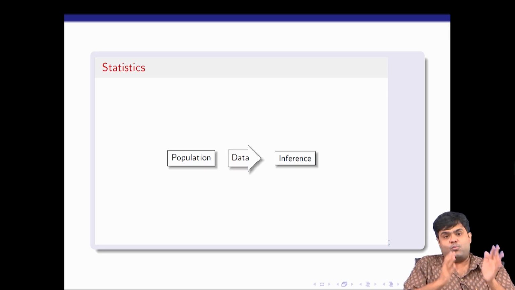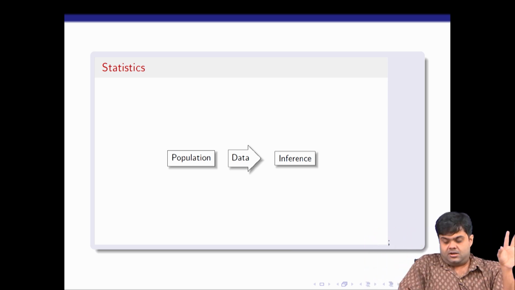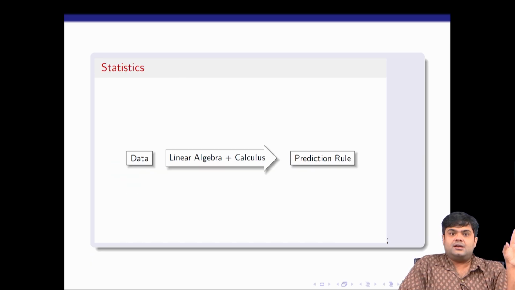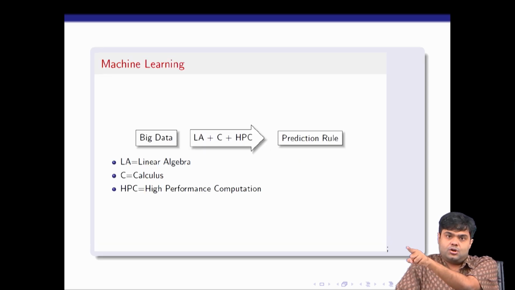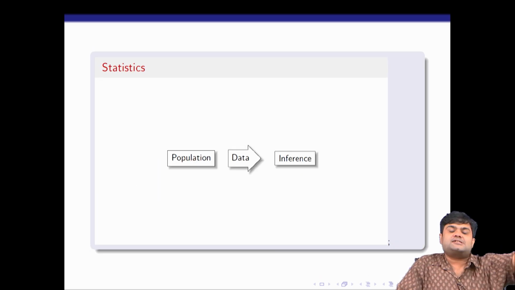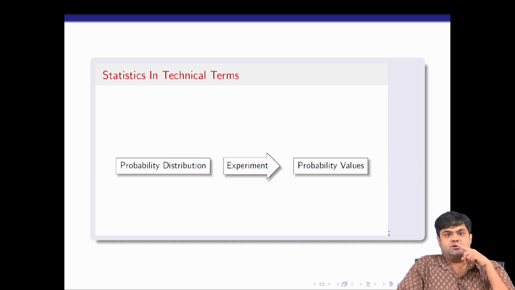Now statistics: population, data, inference. Get this in your head completely. Whatever is happening from data to prediction rule, you are applying linear algebra and calculus, but that data itself is coming from a population and the inference is actually about this population.